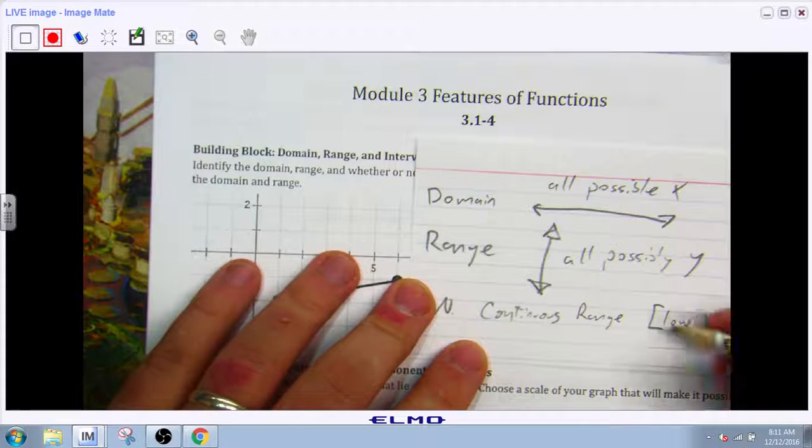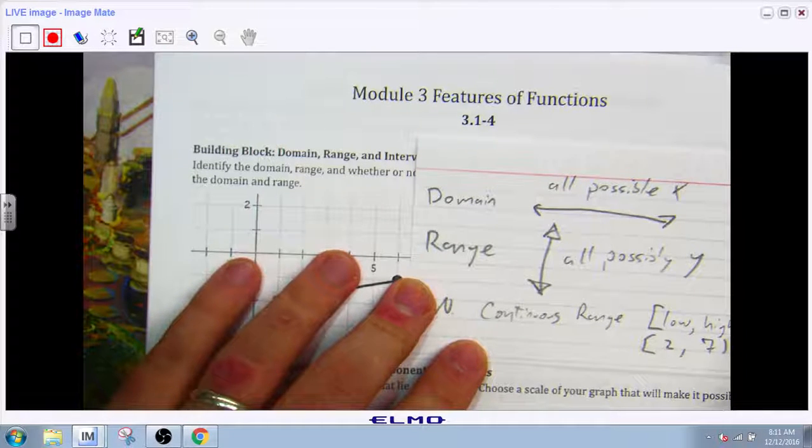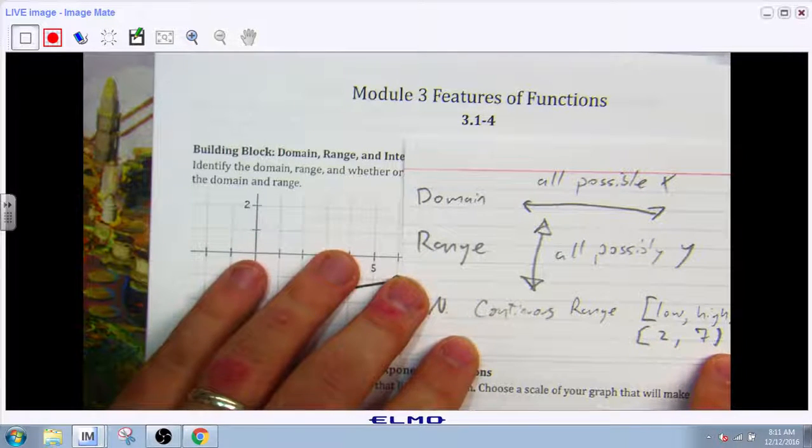So for example, 2 to 7 would mean all numbers from 2 to 7, including 2, that's what the bracket means, but not including 7, that's what the parenthesis means.